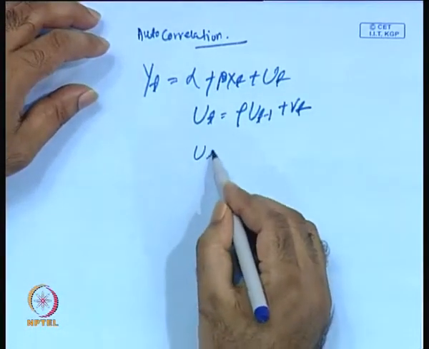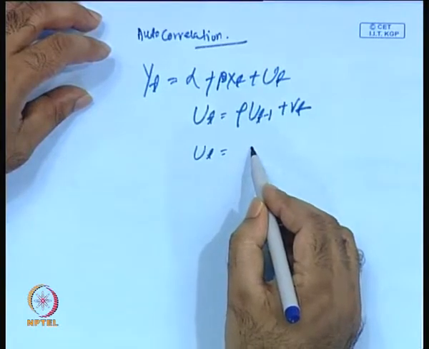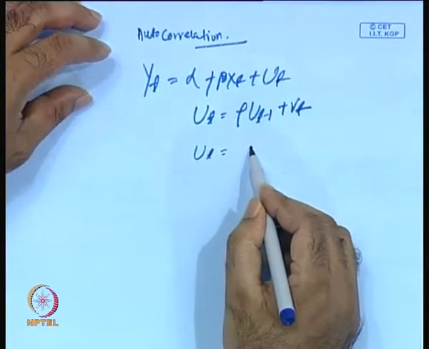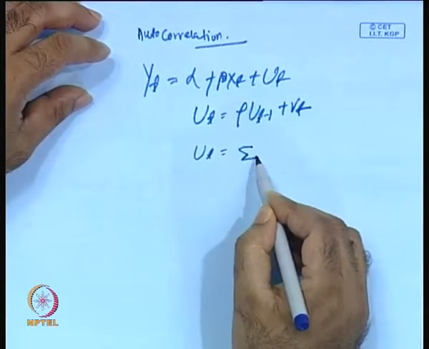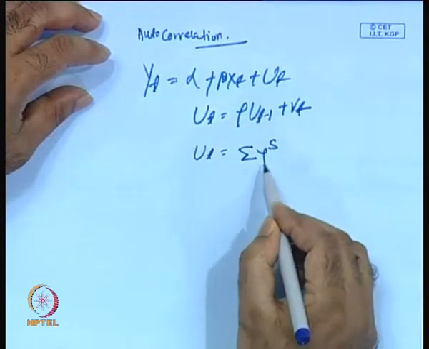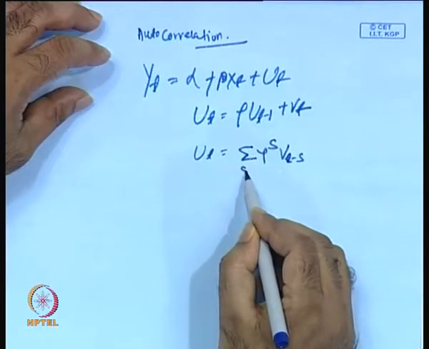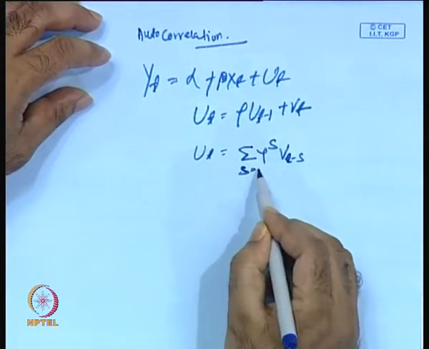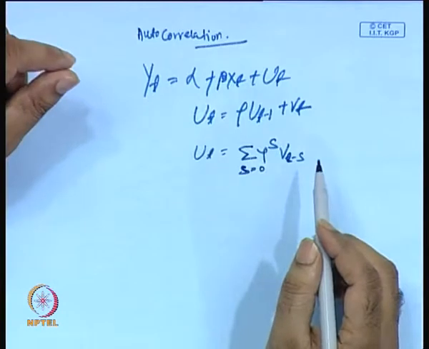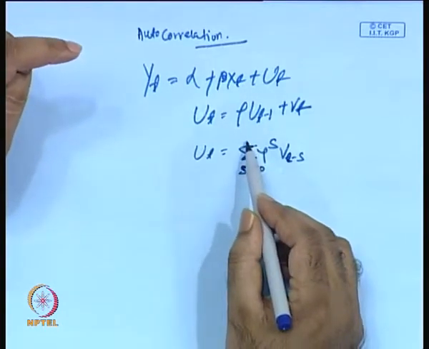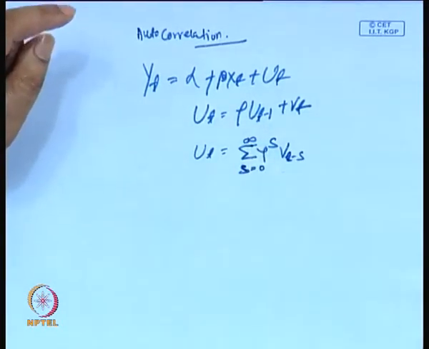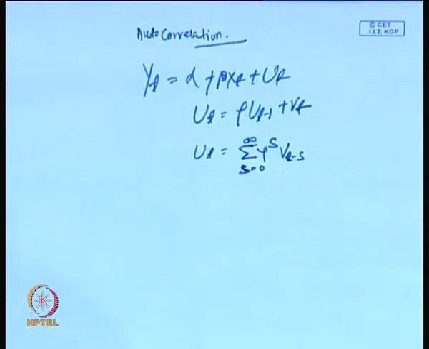By the way, if we expand, then ut ultimately will come to summation rho to the power s bt minus s, with s equal to 0 to n, or you can call it infinity. When it equals infinity, then obviously the structure of autocorrelation is like this.